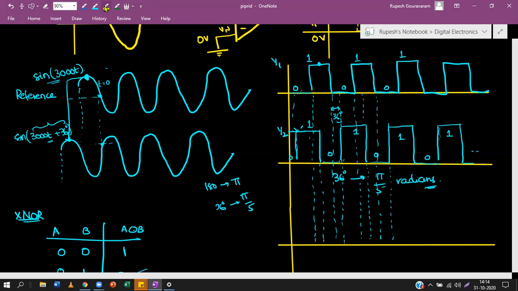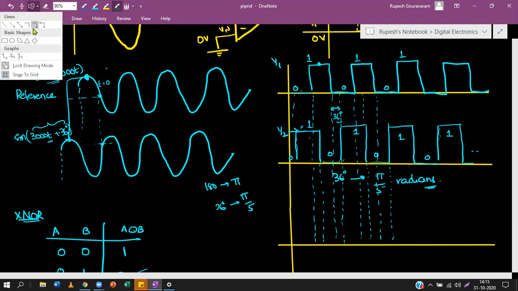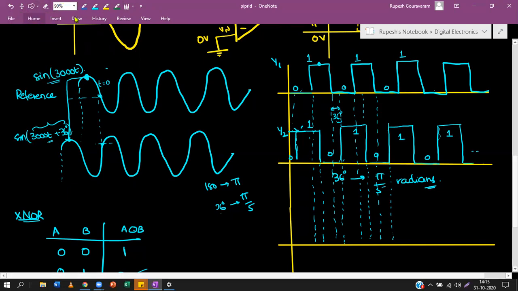Let me directly draw a line. So here is a difference. Then here is a difference again. Then again here is a difference. Like that it goes on.